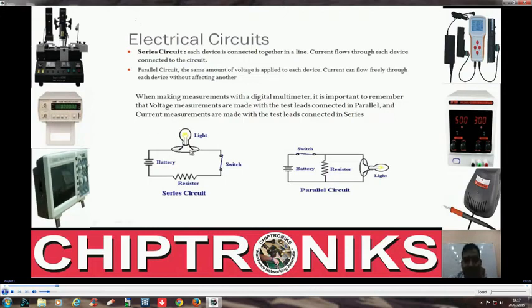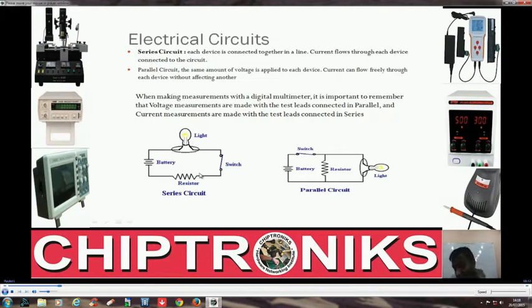Like here in the image, this resistance and the switch are in series, whereas this resistance and this light are in parallel, right? Because there is the same voltage across this resistance and the same voltage across this light, whereas in the series case there is the same current across this resistance and across this light.